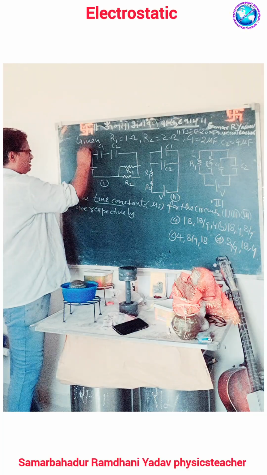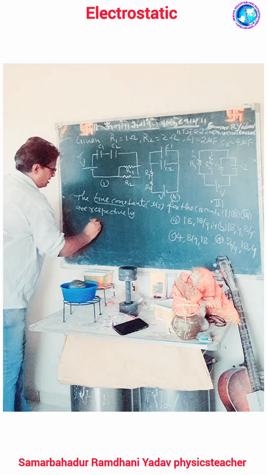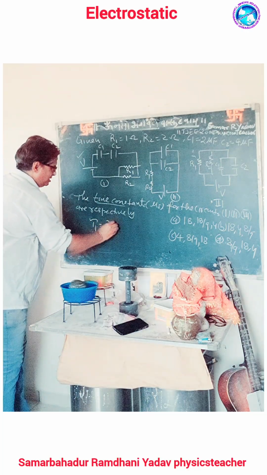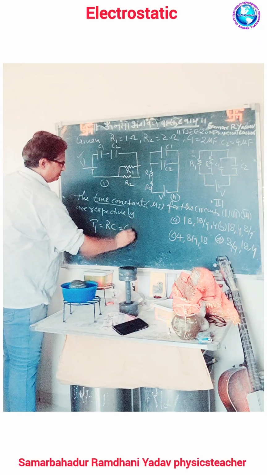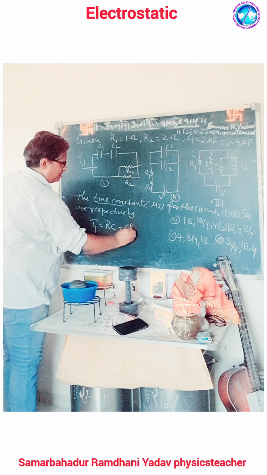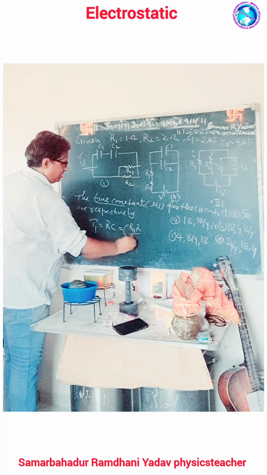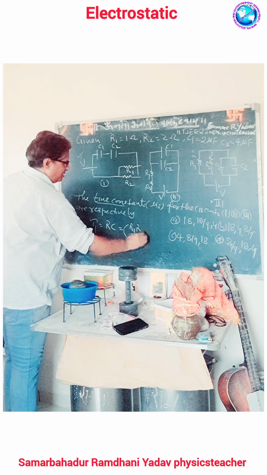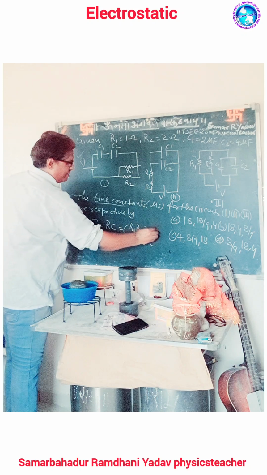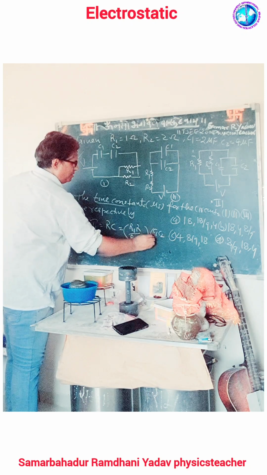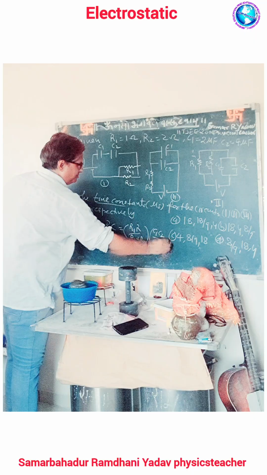First we solve the first circuit. We can write tau 1 is equal to R into C. Here R is in parallel, so R is equal to R1 R2 upon R1 plus R2, and C1 and C2 are in series, so C is C1 into C2 upon C1 plus C2.